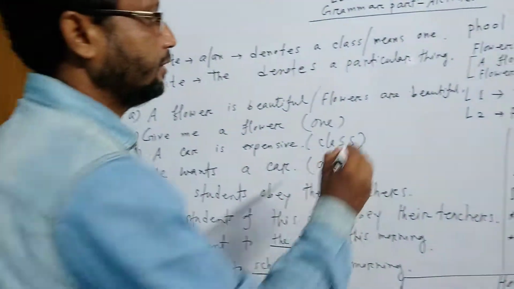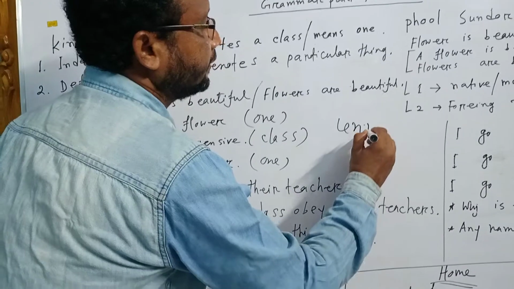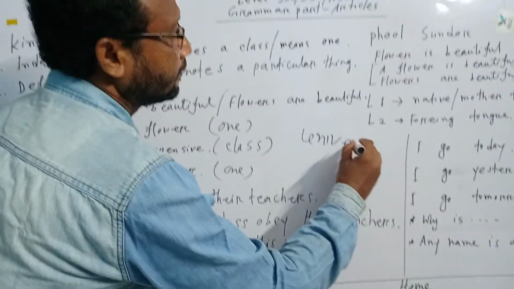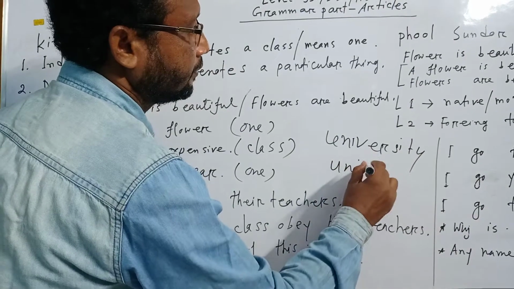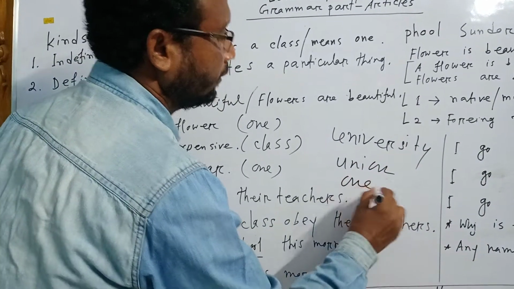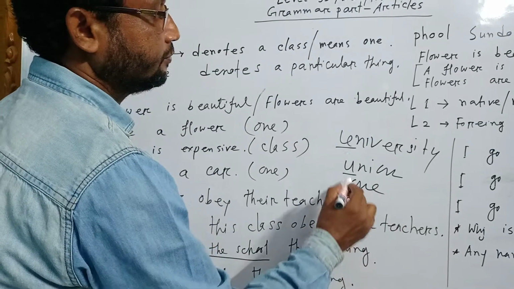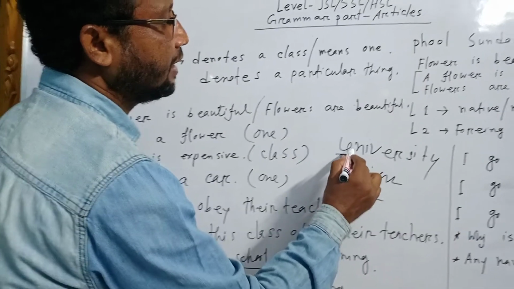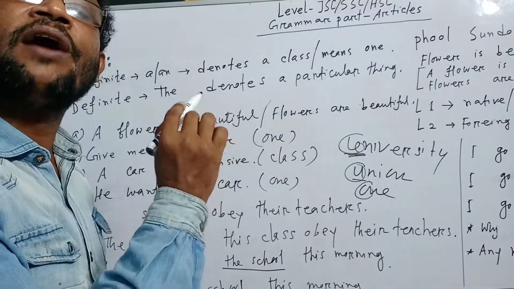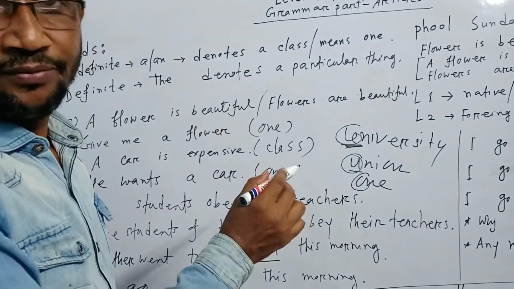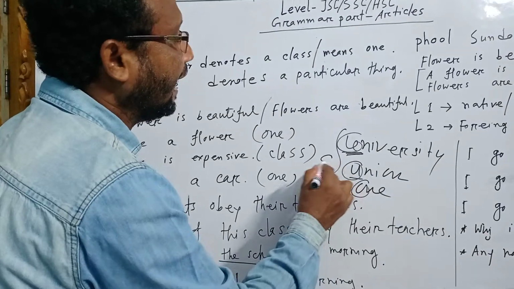For example, university, union, one. These start with the letter u, o, vowel letters, but these are not pronounced as vowels. So we have to use a.